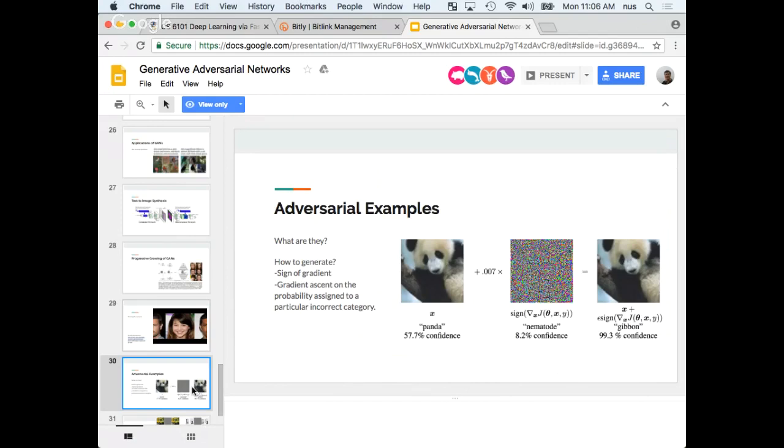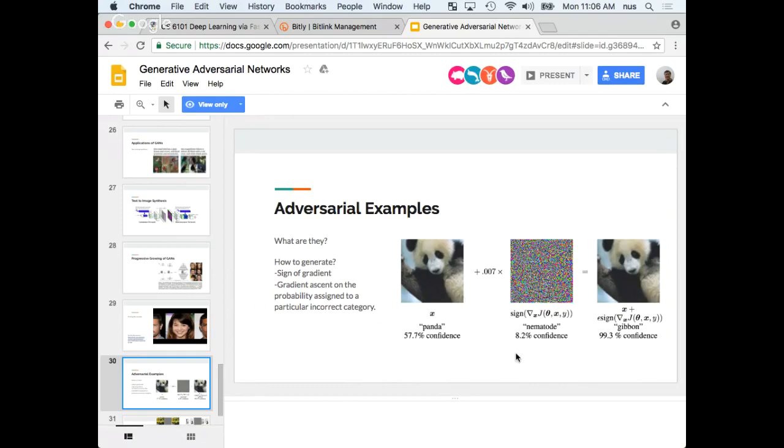The last thing I'd like to talk about is something called adversarial examples. Adversarial examples are examples which seem to break the machine learning model that you have. For example, if you have this initial image of a panda and it's 57% confident that it's a panda.